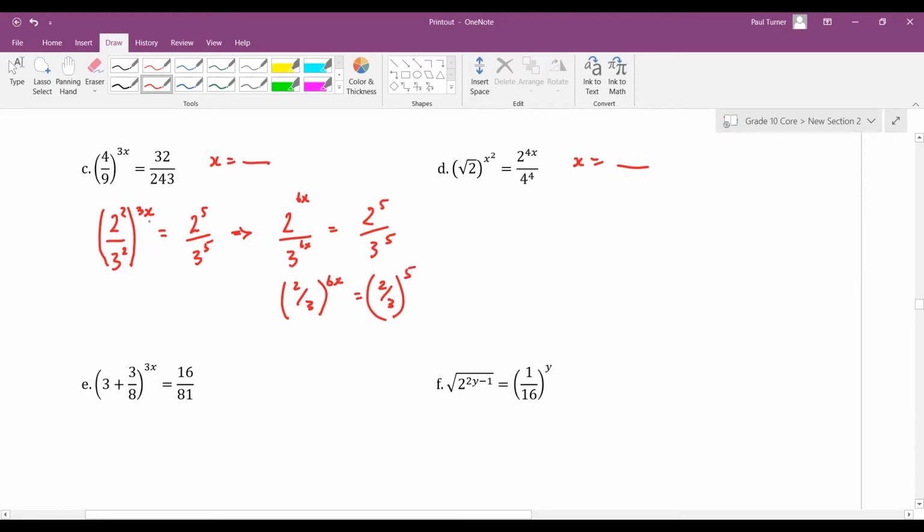Okay, I could have done that earlier actually in the question. So in this case, we have the base being a fraction, which is 2/3. So that's no problem. It still can be a base. So we can say, therefore, 6x must equal 5 when we compare the two powers. So the bases are ignored at that stage. So x then is 5 on 6 for that answer there.